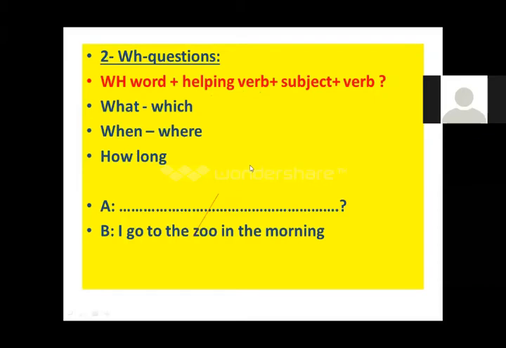So where, the helping verb here is do or does. Yes, Habiba, write on the chat. The helping verb here is do. Number 2, the helping verb is do. Where, do. The I in the answer will be you in the question. So here the first question: where do you go in the morning? Okay?